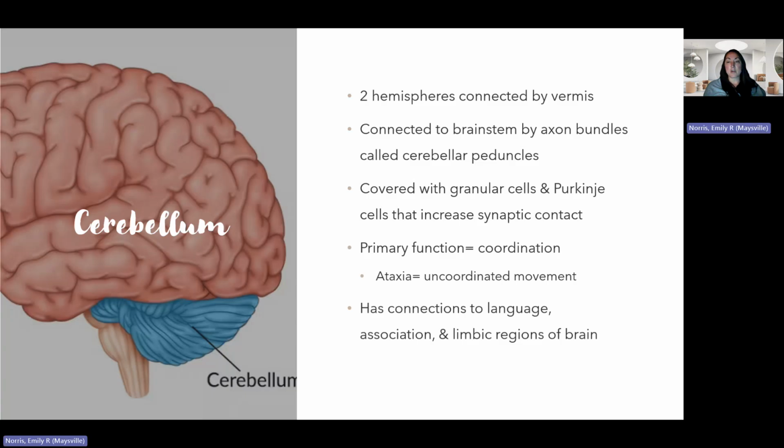So some other issues that you would have if you did have cerebellum damage are difficulty planning, doing motor planning, goal setting, abstract reasoning, your working memory, disinhibition of the frontal lobe.